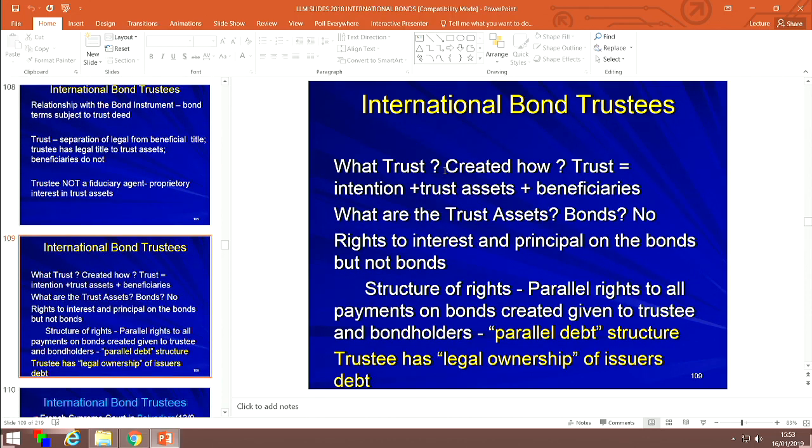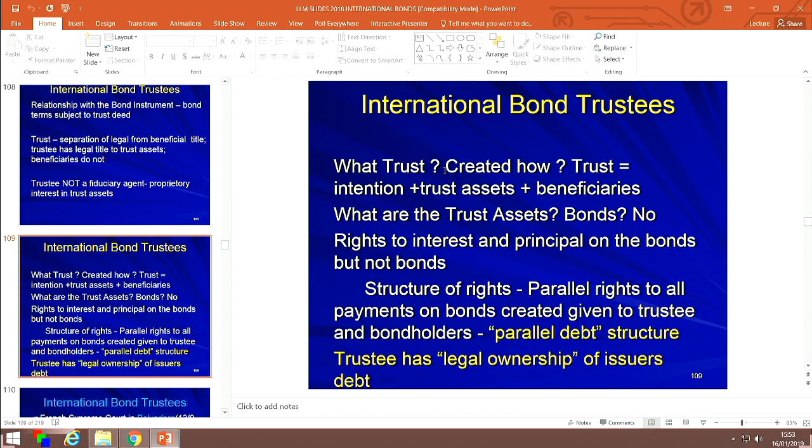What you then have to say is exactly what is the trust asset, how is it created, and so on. The easy answer on how is it created is very simple. It's in the trust deed. The trust deed creates a trust, appoints a trustee in relation to the bond issue. Next question, the far more important question is, what are the trust assets?